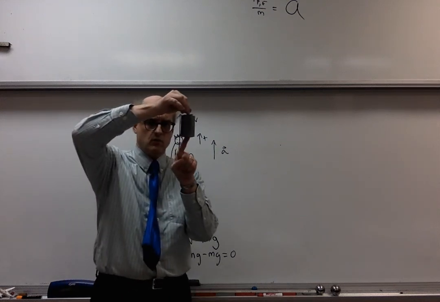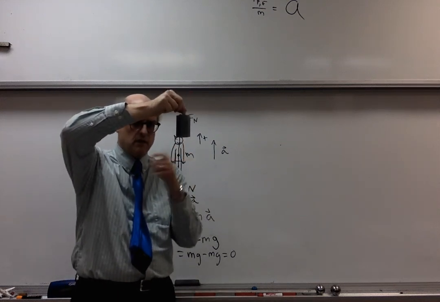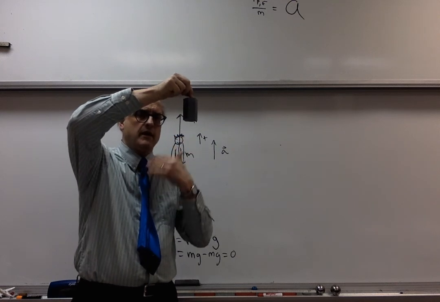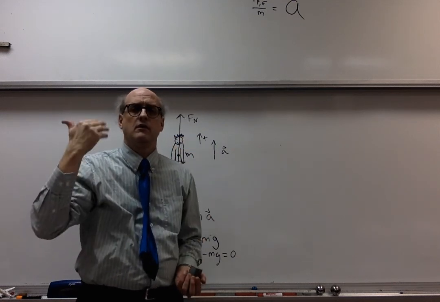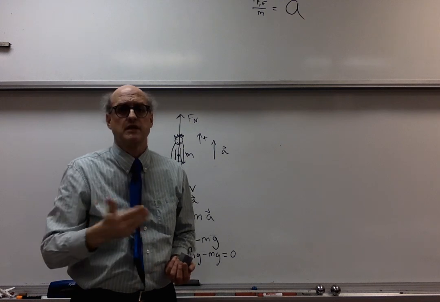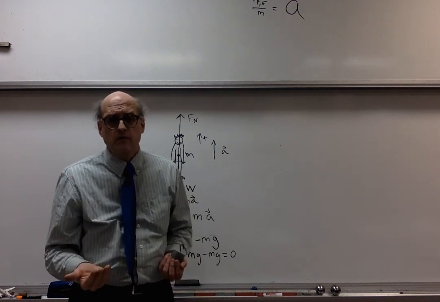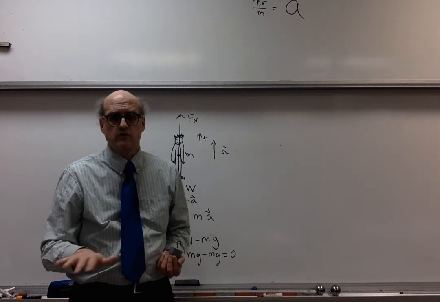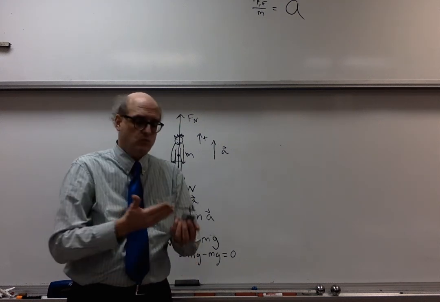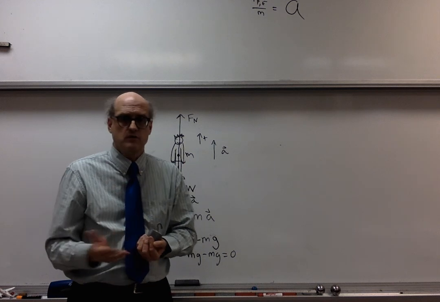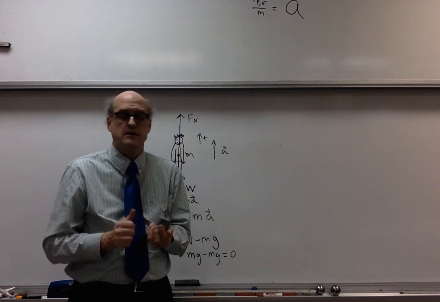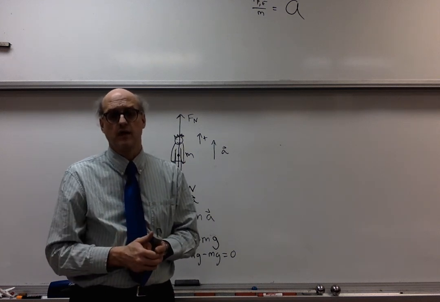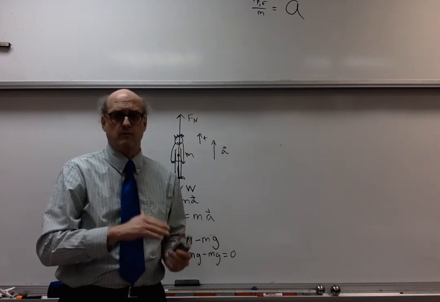So if I want to figure out the weight of a 1 kilogram mass, what I do is I imagine it falling, and when it's falling, isn't the net force its weight? And isn't it accelerating at g, 9.81 meters per second squared near the surface of the Earth? So the weight of a 1 kilogram mass then, using Newton's second law, is just its mass times the acceleration due to gravity. So you're not converting between mass and weight.